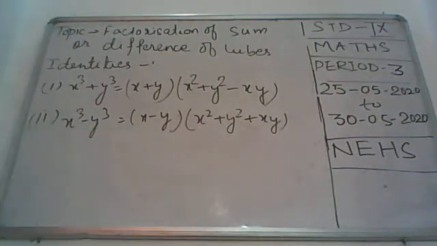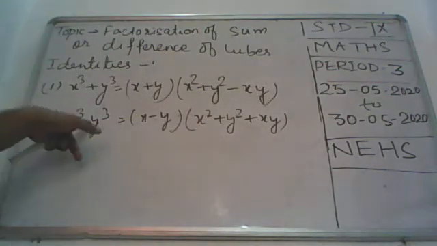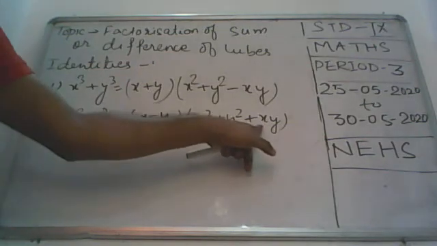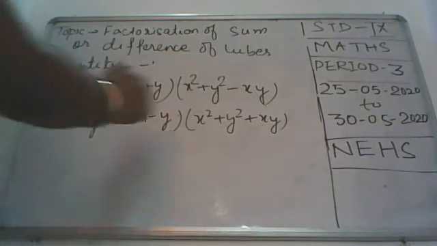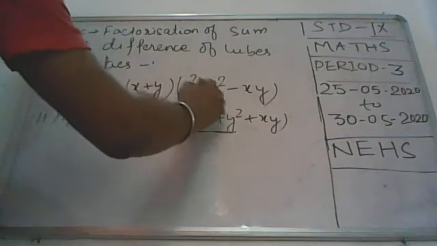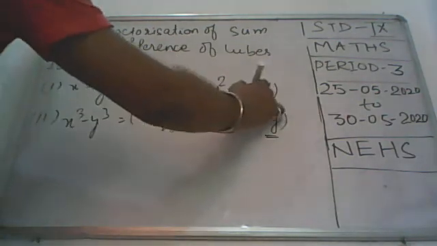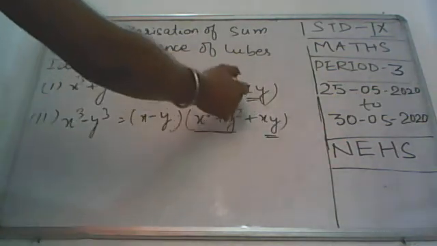See what has changed here. It is minus here, but inside it is plus. Both are the same, same formula, but only this xy value changed. One time it is plus, one time it is minus.